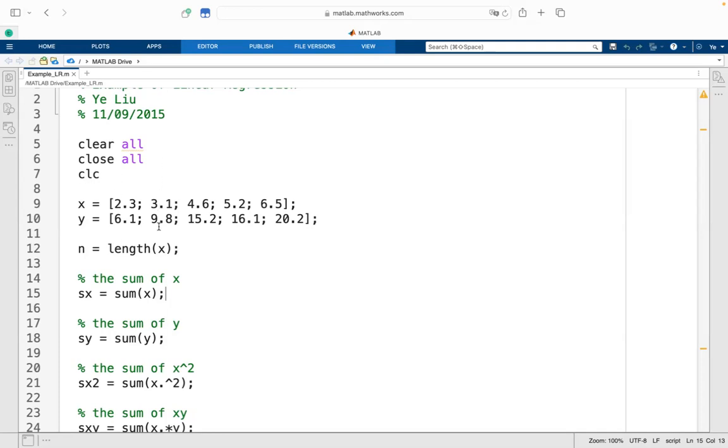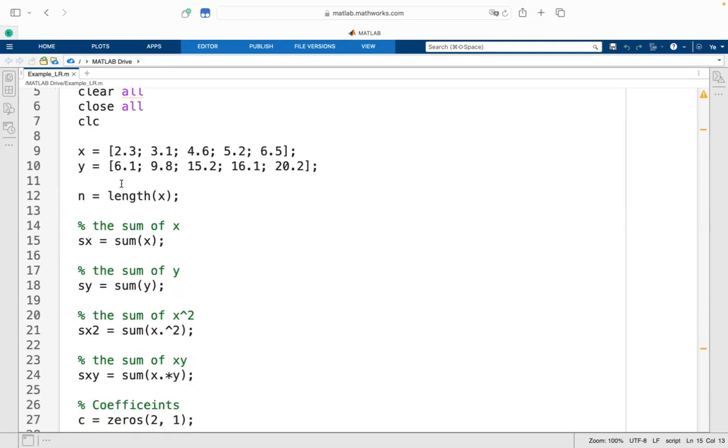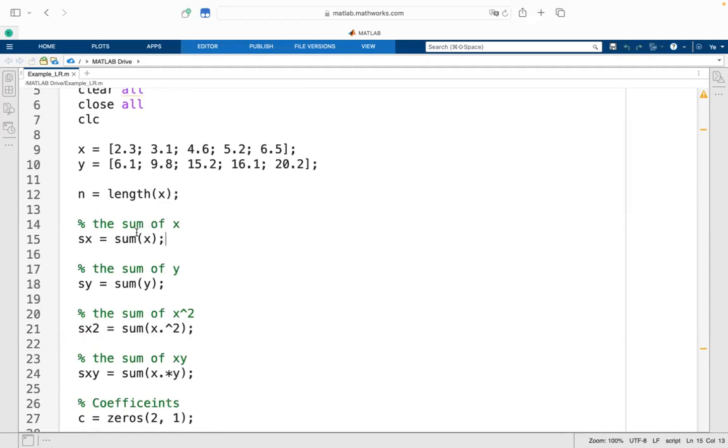Each is a column vector with 5 elements. Then we need to get the length of x, so n equals length of x, which is 5.